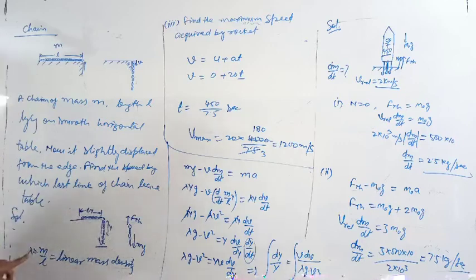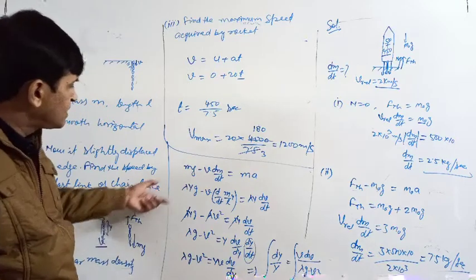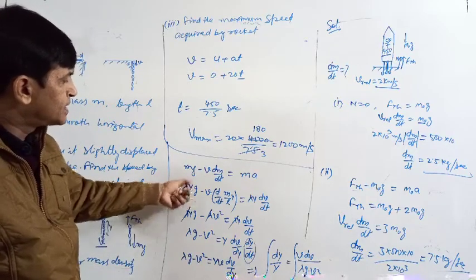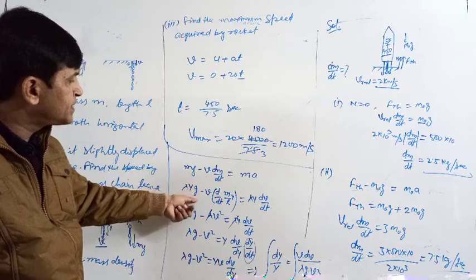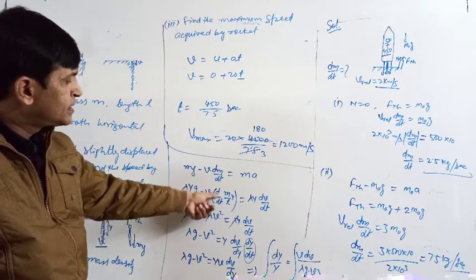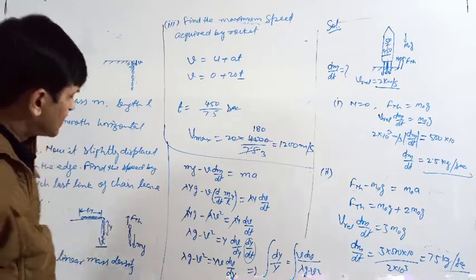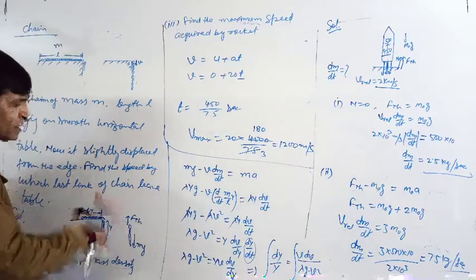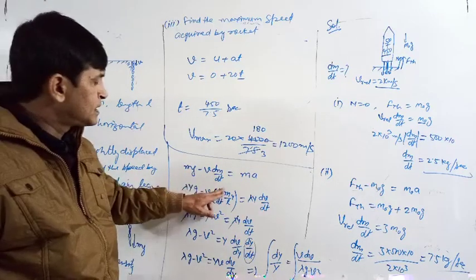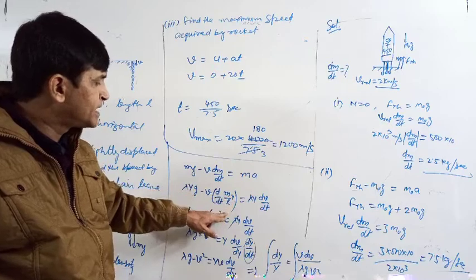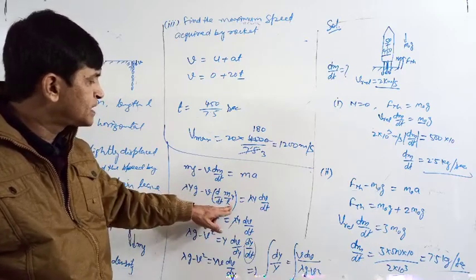So the linear mass density lambda is m by L, the mass per unit length. This has length y, so its mass is lambda into y. So lambda y g minus v dm by dt, the rate of change of mass of this part, which is lambda into dy by dt, the velocity.